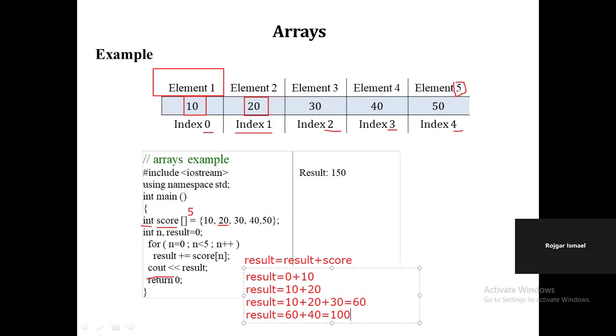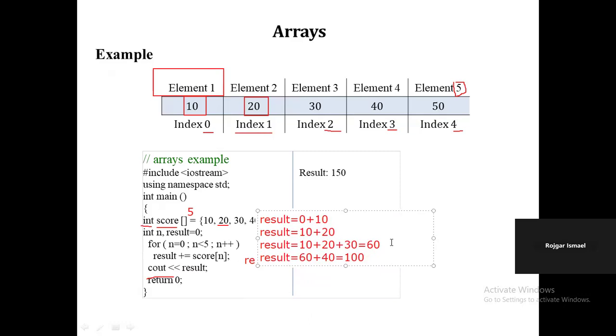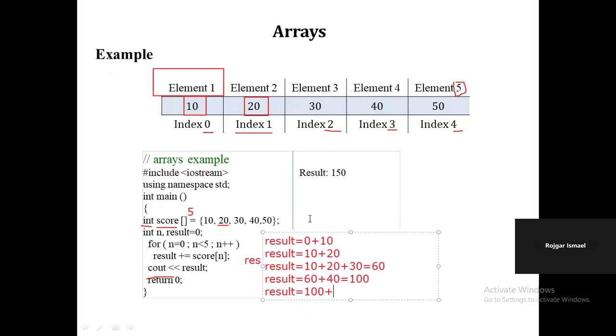We reached the fourth trial. So the compiler will continue, result equal to 100 plus the last element, which is 50, equal to 150.